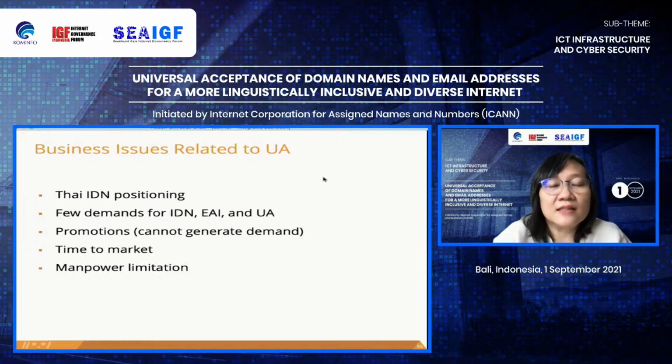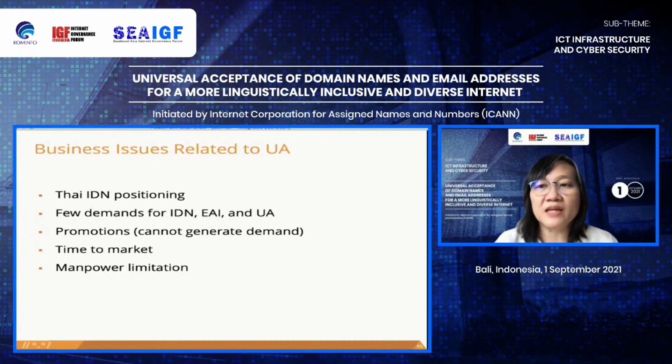So let's start with the business issues we experienced. The first and important issue is the product positioning in terms of business. In the early days, the internet was started and used mostly by groups of people for whom the English language is not a barrier. Currently, the internet is everywhere and should be for everyone.